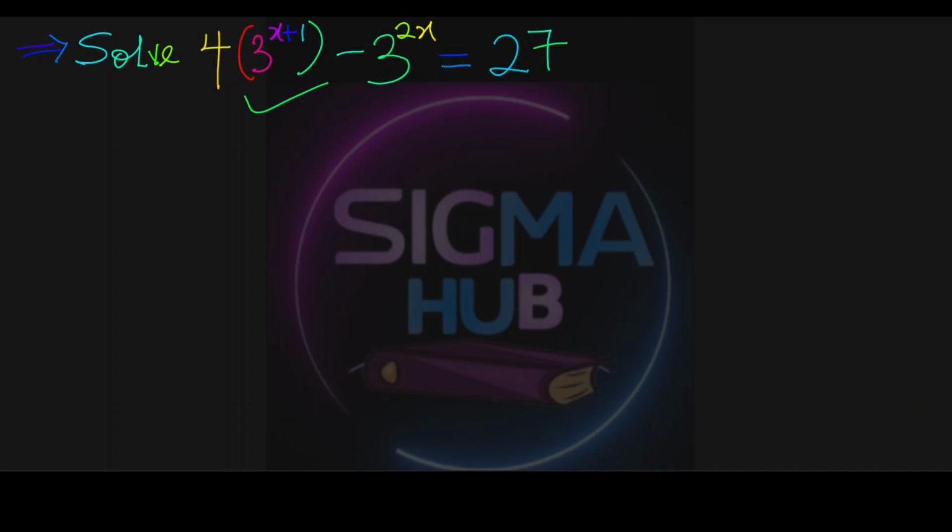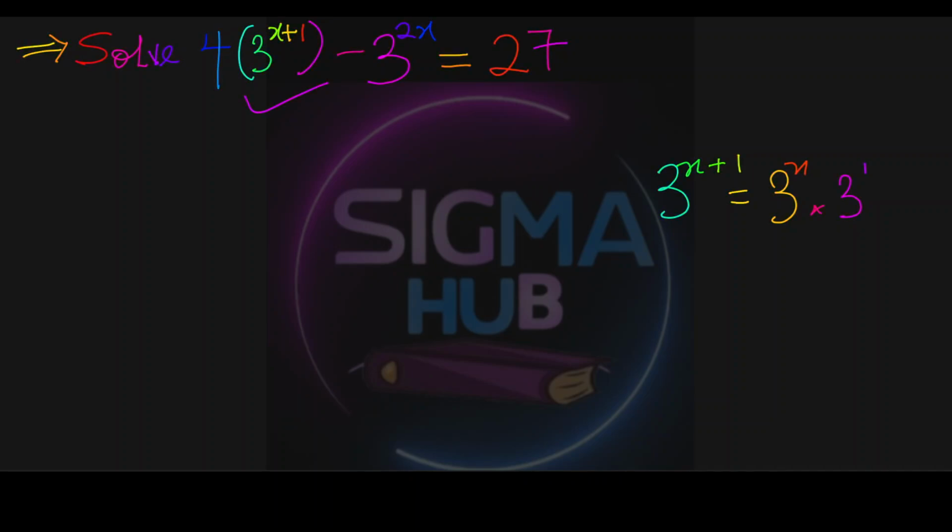And how do we split? 3 raised to the power of x plus 1 will be written as 3 raised to the power of x times 3 raised to the power of 1. So don't forget your law of indices. When you have the same base and multiplication, you add the powers. So I'm splitting back into 3 raised to the power of x times 3 raised to the power of 1.